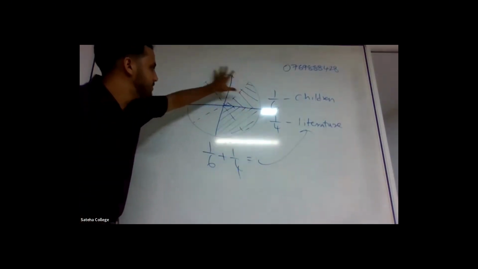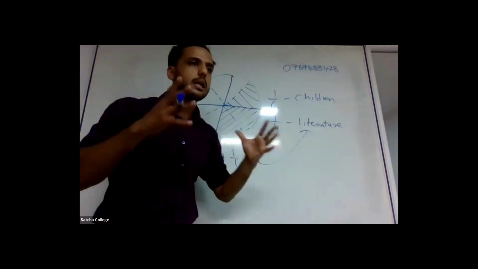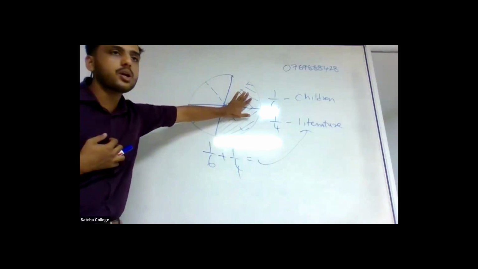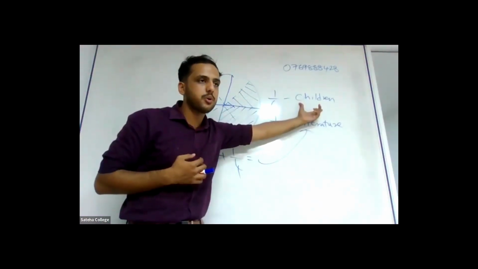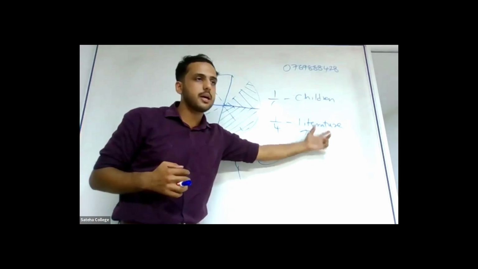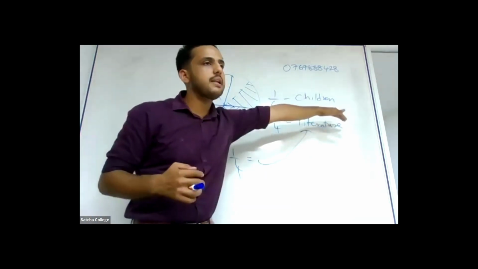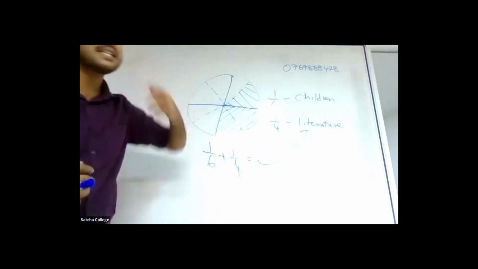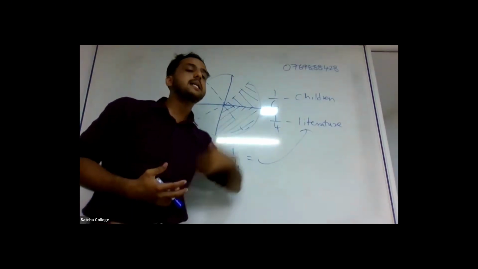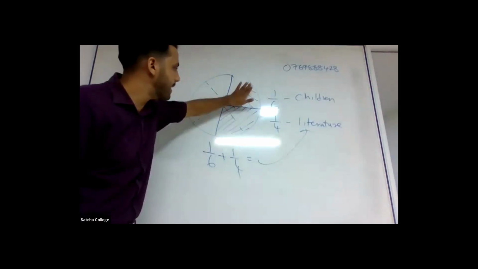Now, Ananda, this whole circle is the total number of books that he had. Okay. Out of it, a part of the books, that is 1/6 of the books that were children's and 1/4 of the books that were literature, he donated to the village school. Now, the question they're asking you, what part of the total number did he donate? What part? Right?